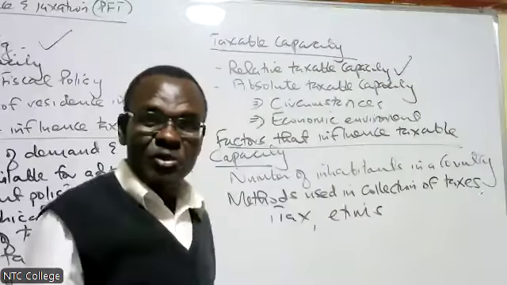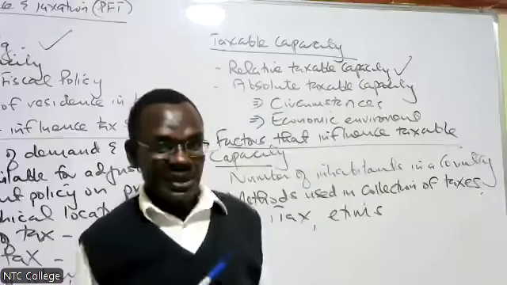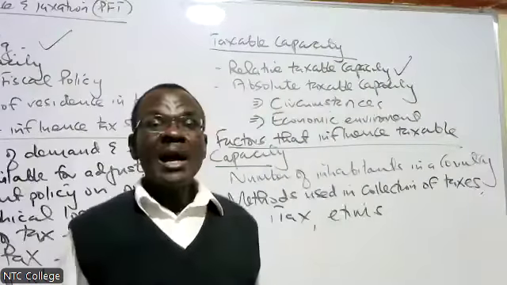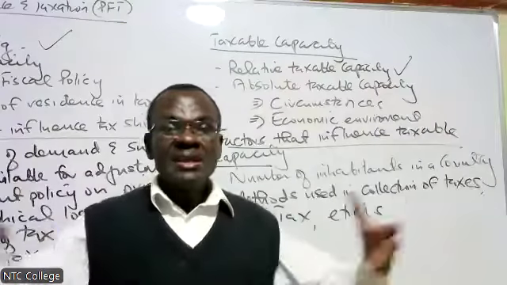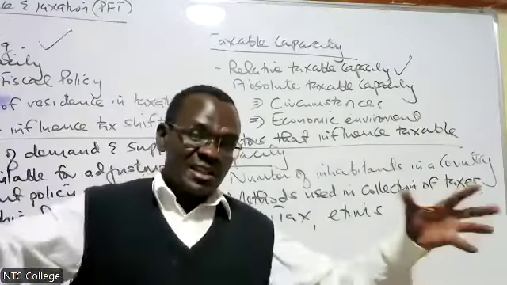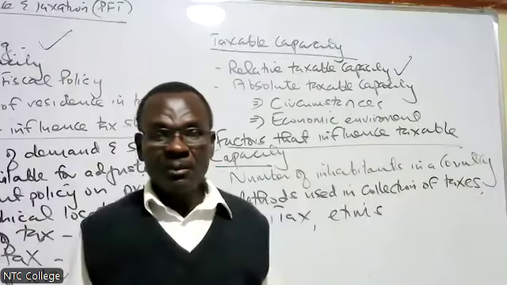There's an end game to it. You cannot file nil returns for 10 years. KRA will begin asking you questions and so on. So iTax has made tax collection more efficient and even widened the scope of tax and increased the possibilities of collecting more revenue.